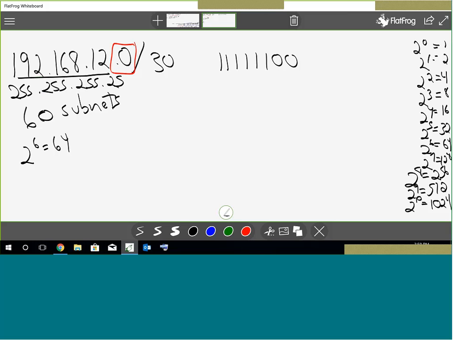Yep. What's our variable? It's 4, right? Right. So our networks are 0 to 3, 4 to 7, 8 to 11, and so forth. I don't even write the first part because the first part's 192.168.12, right? You agree with me on that?